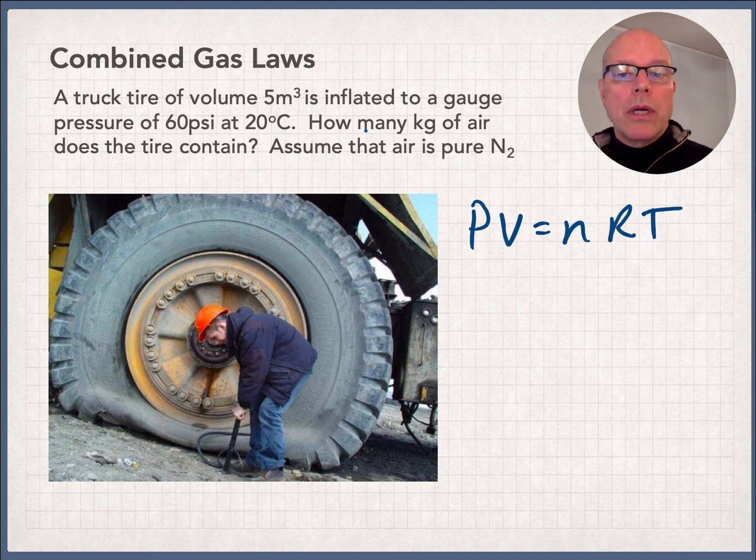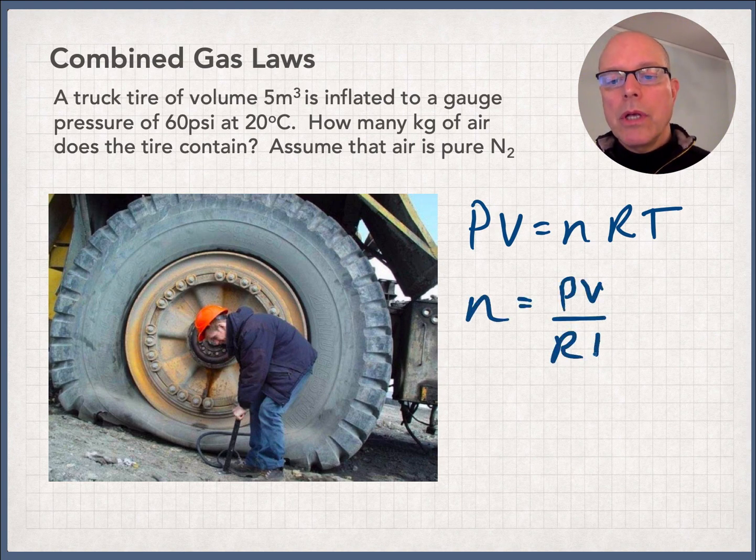So what I'm going to do here is just read a little further and then make some choices. How many kilograms of air? That's going to definitely relate in some way to the number of moles. So just like the first example, I'm going to isolate PV over RT to solve for n. Here's the thing though, I know that I have a choice for R, 8.315 or 0.082 atmosphere liters per mole degree Kelvin. I'm going to show you how the 8.315 works.